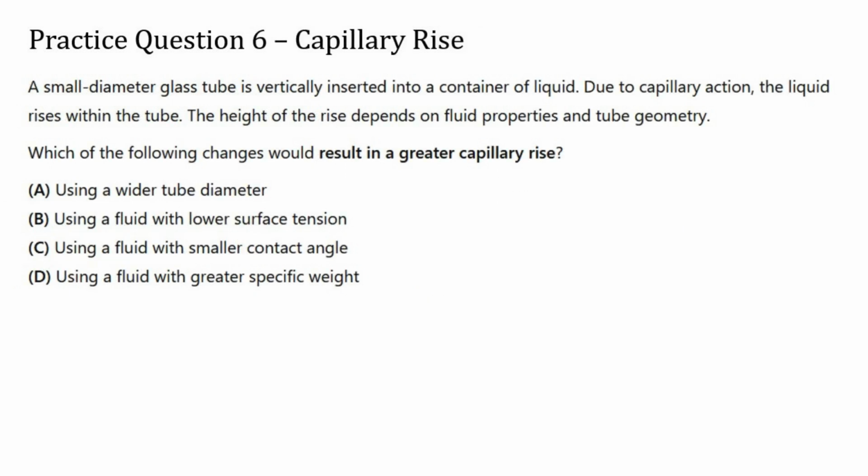Practice question 6. A small diameter glass tube is vertically inserted into a container of liquid. Due to capillary action, the liquid rises within the tube. The height of the rise depends on fluid properties and tube geometry. Which of the following changes would result in a greater capillary rise?